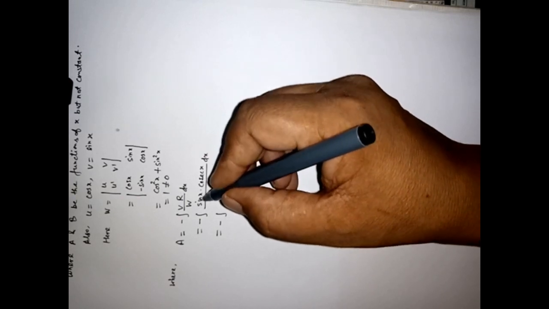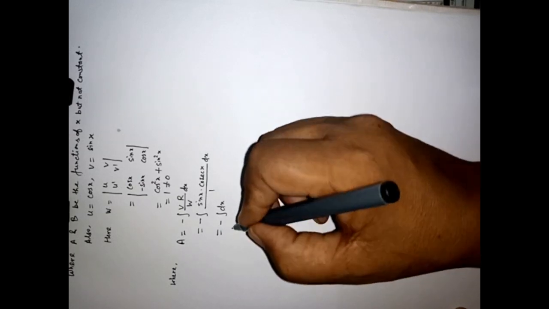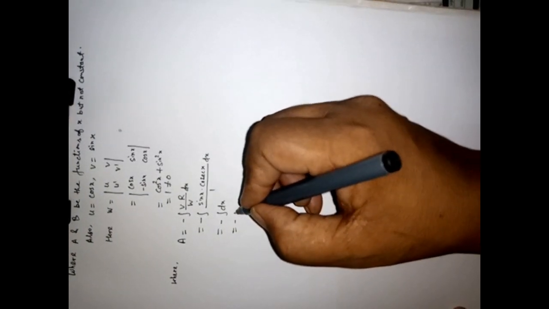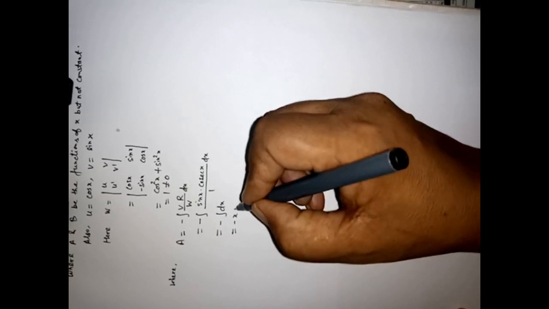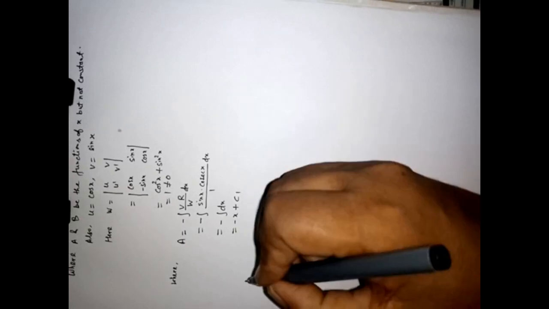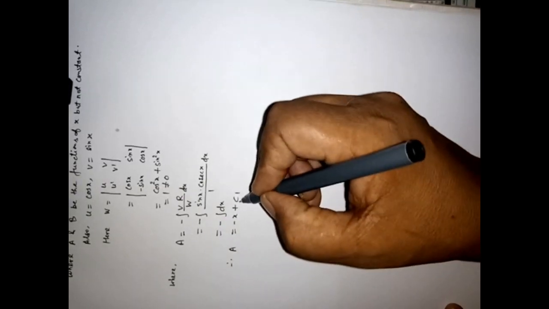Cosec x means 1 by sin x, so that will be cancelled. So this gives only dx. This is equal to minus x plus a constant say c1. Therefore capital A is this.